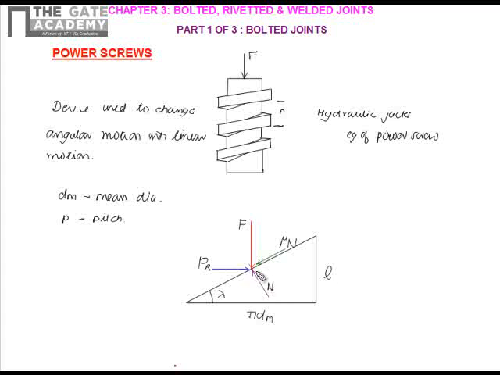N is the normal reaction due to the inclined surface of the screw thread. Since we have to raise the load, we have to apply a force PR. This force PR is applied over this surface, rotating the screw about the center line. When you apply a force and it tries to lift the body up, you have the frictional force acting in the opposite direction.